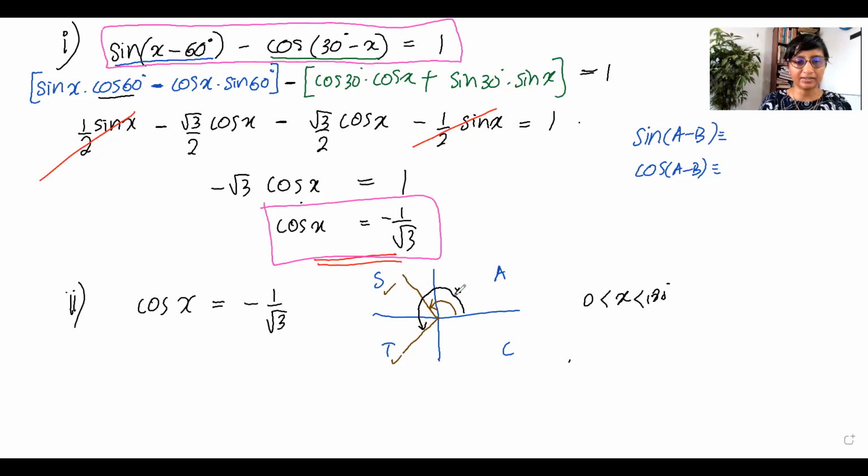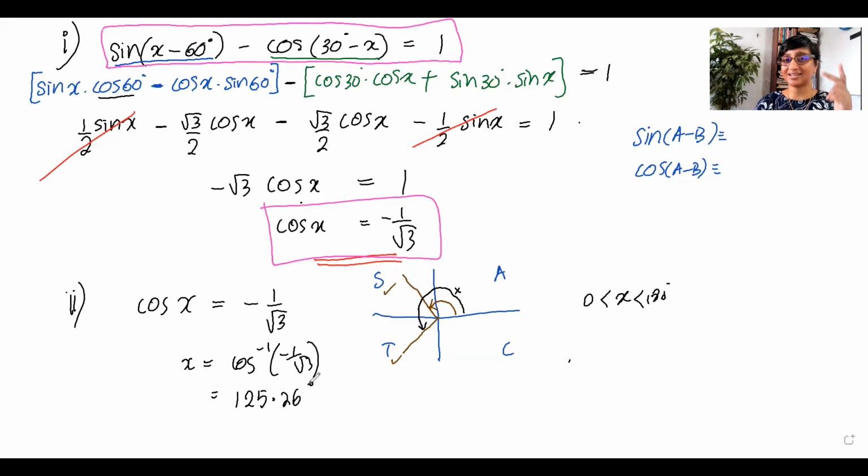Right, now you take the calculator and do what? You do x equals cos inverse of minus 1 over root 3. What does the calculator give you? 125.26 degrees to the nearest 2 decimal places.